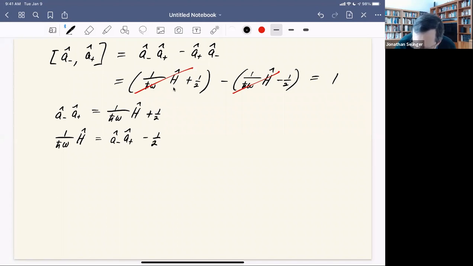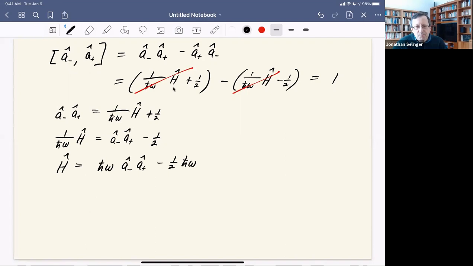The Hamiltonian is h bar omega a minus a plus, minus a half h bar omega.